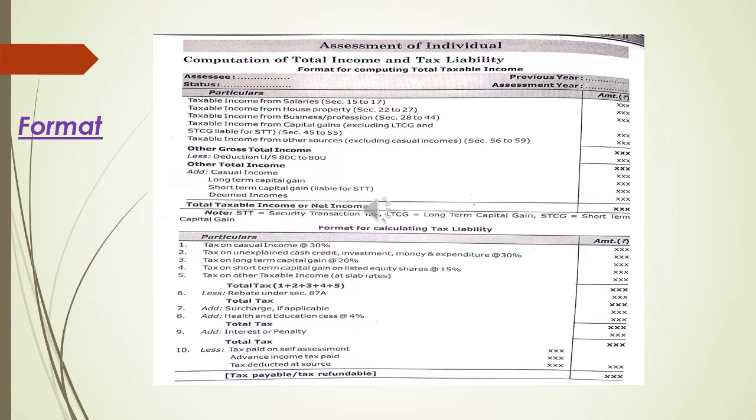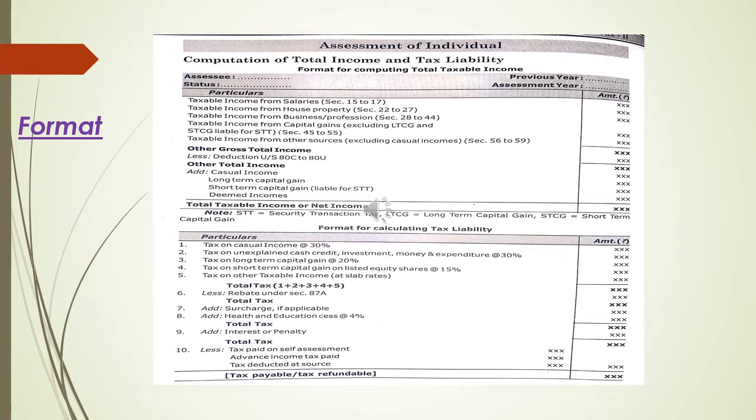So except these, we have to add all 5 heads of incomes, and which is called as gross total income. From this gross total income, we have to give deductions under section 80C to 80U. Then we will arrive at the total taxable income. But this will be excluding the 3 which we have excluded previously.